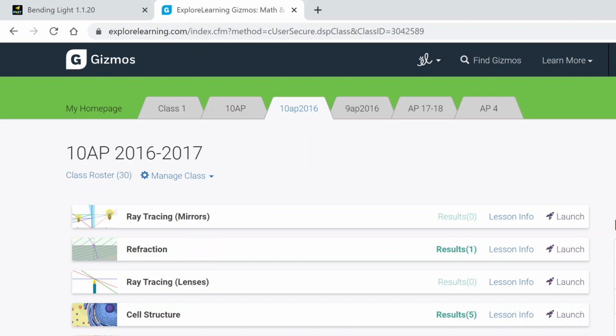Okay, so you click on refraction. I guess it doesn't like me doing it with my fingers, so let me attach my keyboard. Let's see if I can launch it.